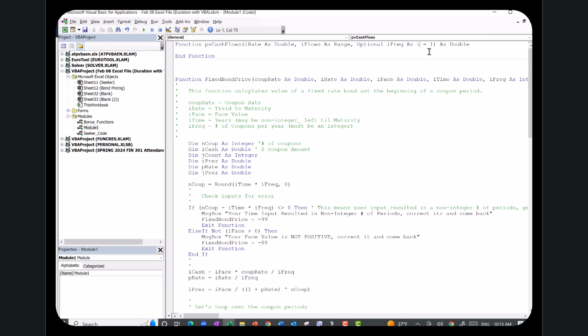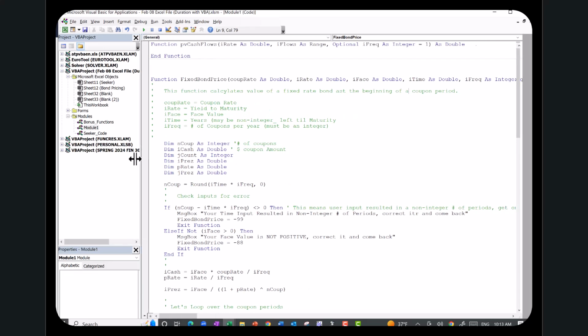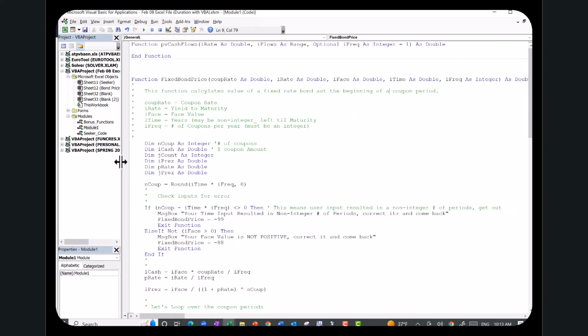Actually, as integer equals 1. I don't want no stinking non-integer compounding frequency. It's basically how many times you make a payment in a given year, or how many periods are there in a given year.